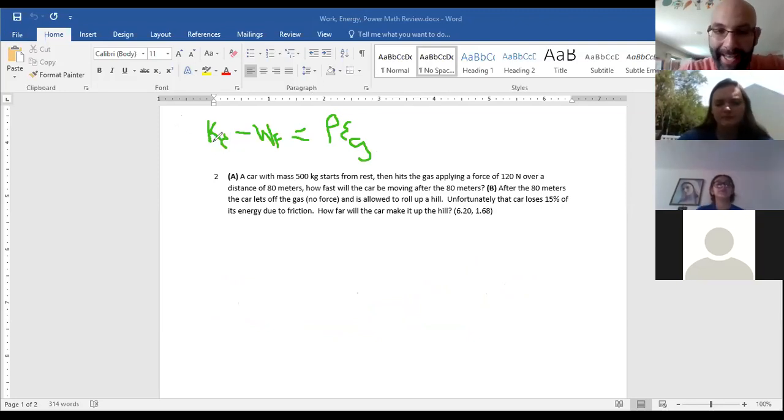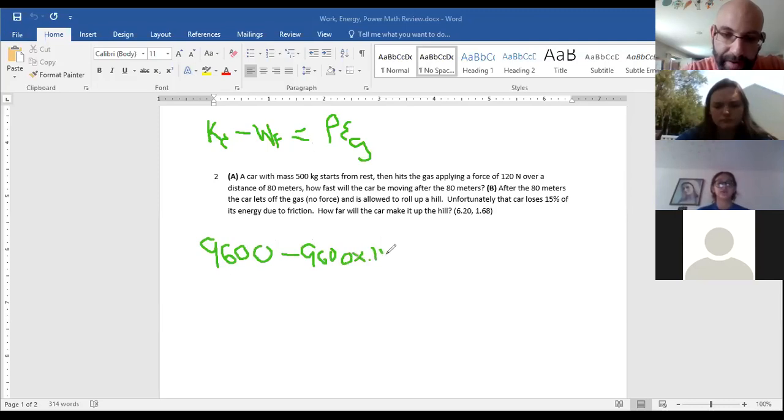So we know the kinetic energy, we already found it. We don't have to rewrite it as 1/2 mv squared. It's 9,600. Right. We're losing 15%. So the work of friction is 9,600 times 0.15.